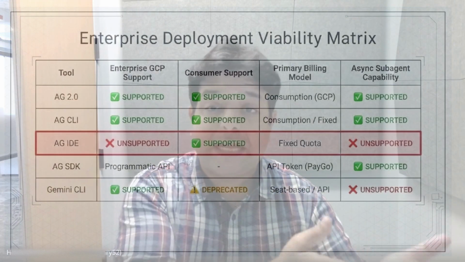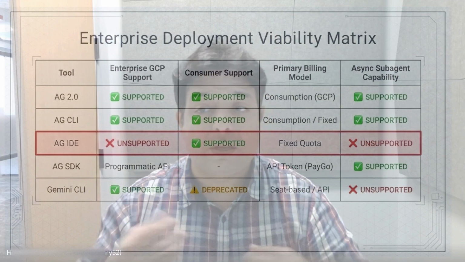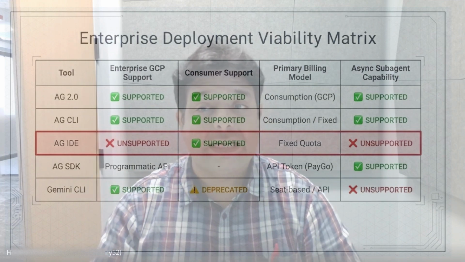This capability is super critical for complex, long-running agent workflows where multiple background tasks must execute in parallel without blocking the developer's main terminal or interface. That is why you are running it in an asynchronous mode.